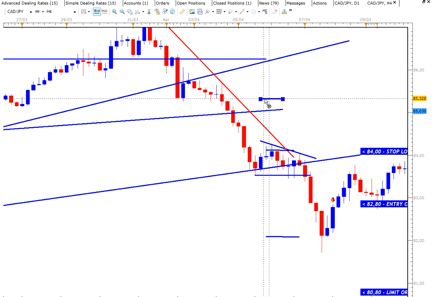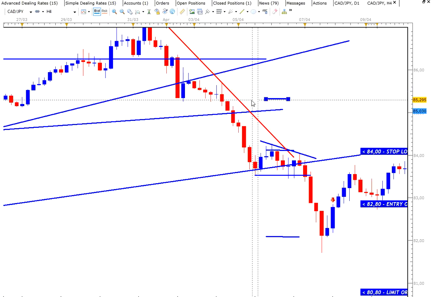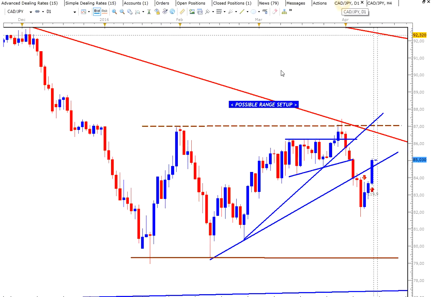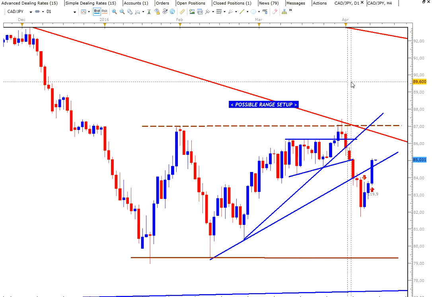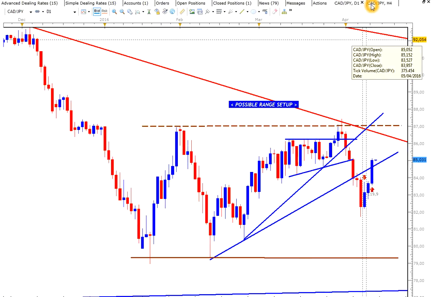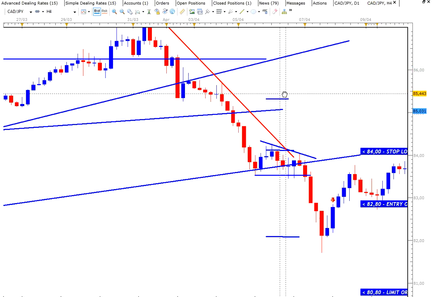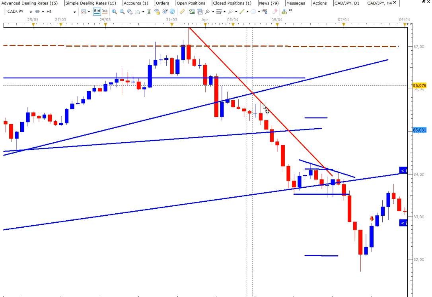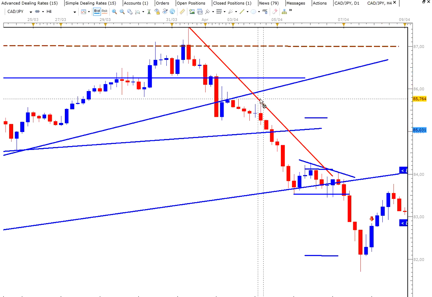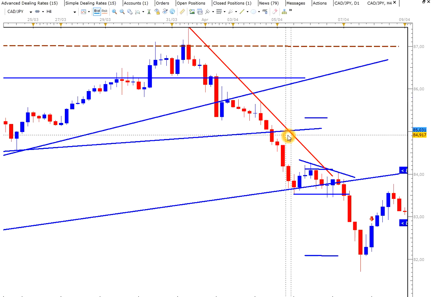So this 200 pip target could have been hit had we used that daily candlestick signal, which was a normal candle, and used this trend line as a stop loss instead of waiting until we could see a perfectly formed resistance to draw the trend line.